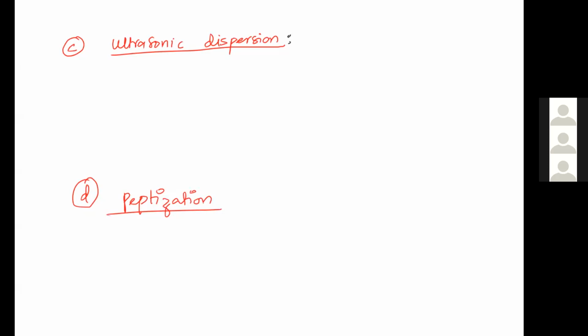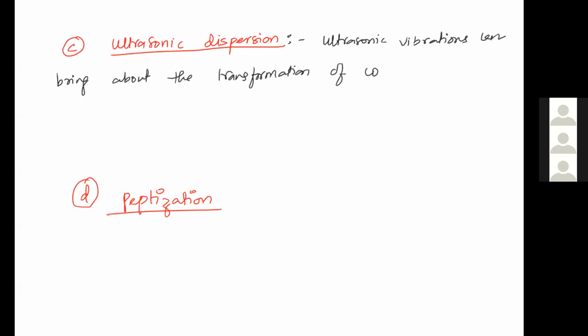Ultrasonic dispersion. Ultrasonic vibrations, you generally know, have high frequencies. So ultrasonic vibrations can bring about the transformation of coarse suspension or liquids like oil, mercury, etc. into colloidal range.